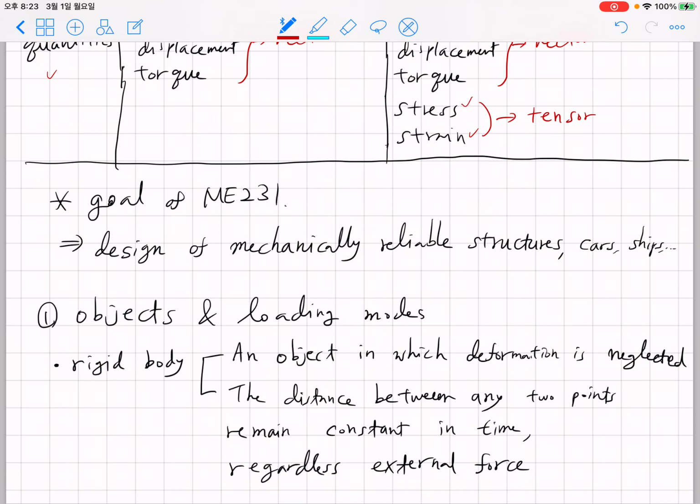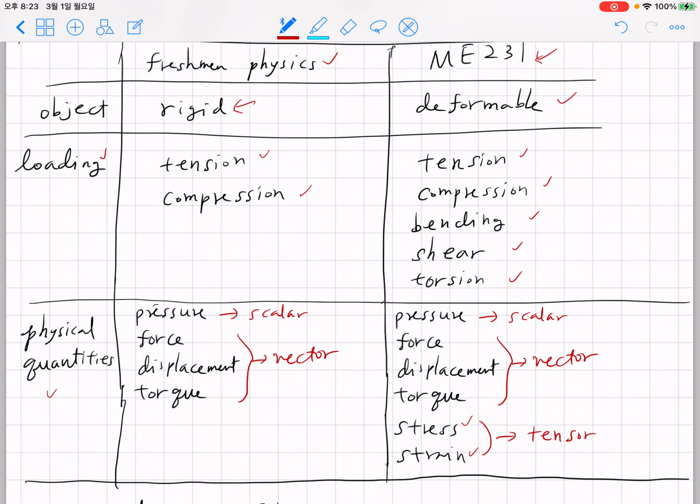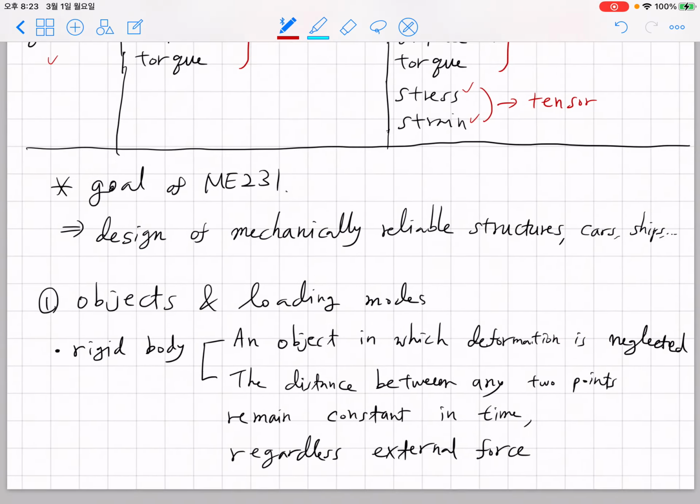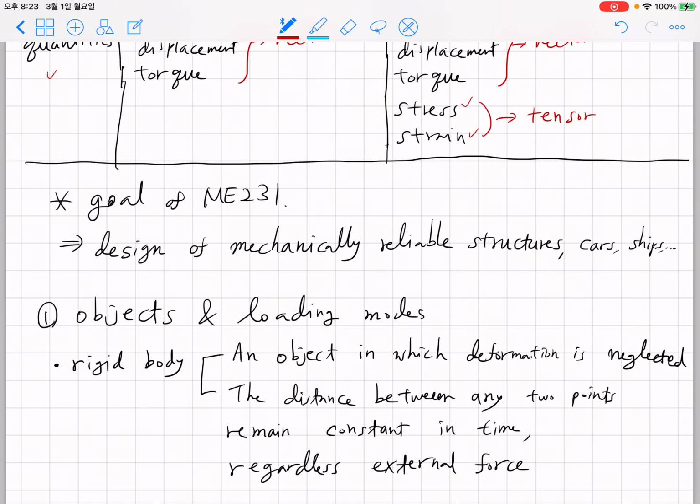Let's begin from the first topic, object and loading. Let me give you a little more detailed discussion on the object and loading modes. What's the definition of a rigid body? A rigid body is an object in which deformation is neglected, or in other words, the distance between any two points remains constant in time regardless of external force.